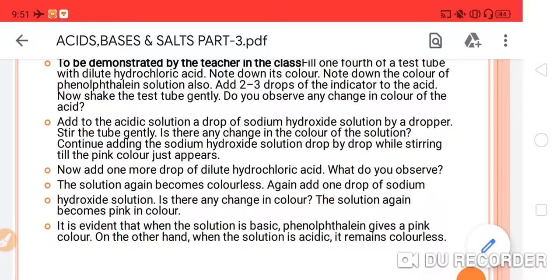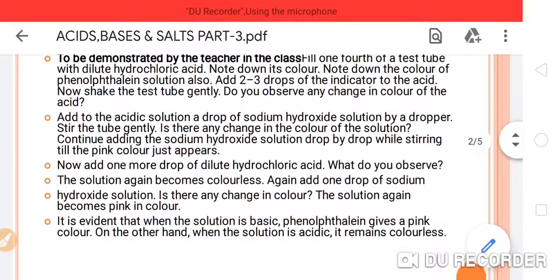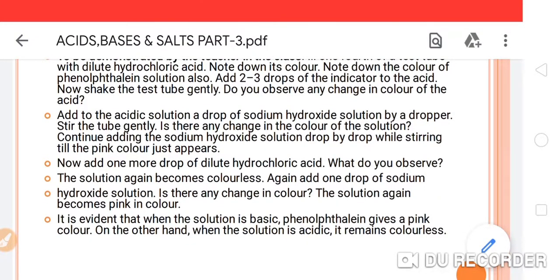Add 2 to 3 drops of the indicator, that is phenolphthalein, to the acid in the test tube. Now shake the test tube gently to mix it. Do you observe any change in color of the acid?